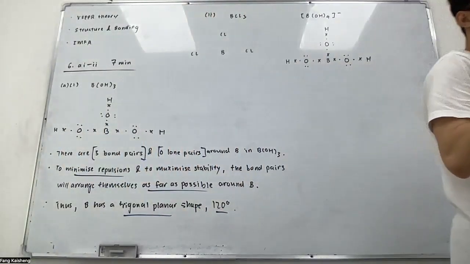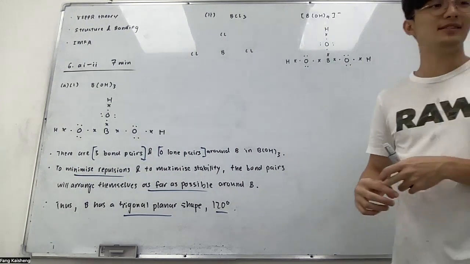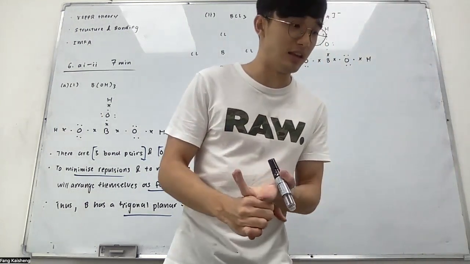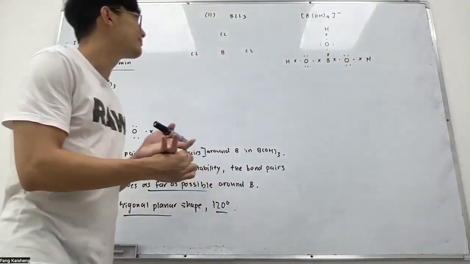Any ions, don't forget the overall bracket. Good. You guys have mostly gotten the answer. They did ask you to clearly indicate any dative bonds, so just go and indicate that as well.